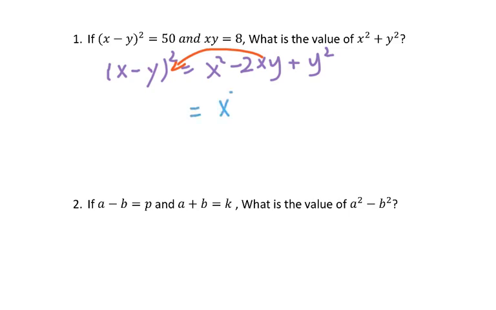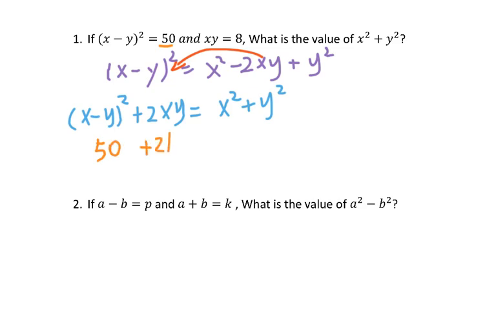You will get x squared plus y squared equals (x minus y) squared plus 2xy. Then I plug in 50, plus 2 times 8. This is 16, so 50 plus 16 will be 66. That will be the answer.